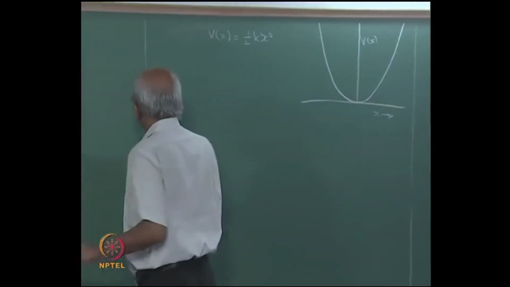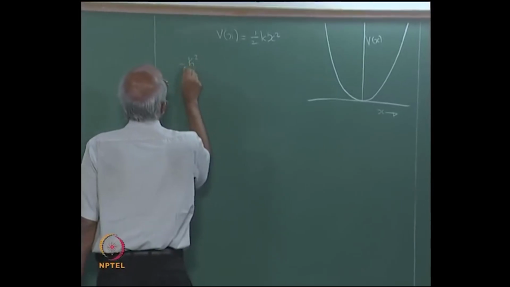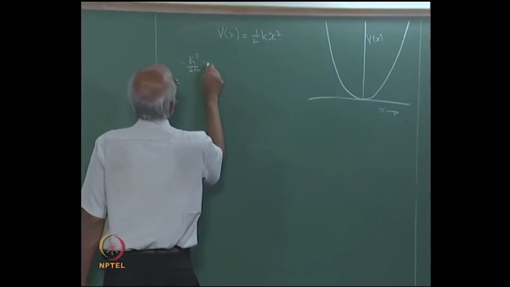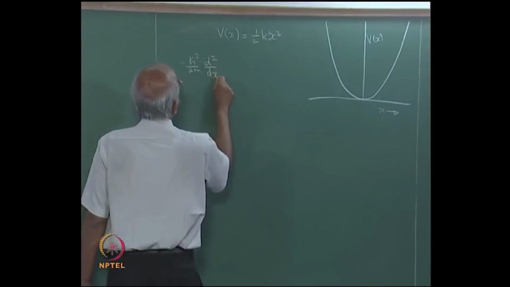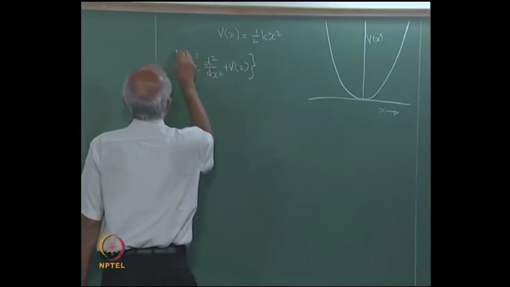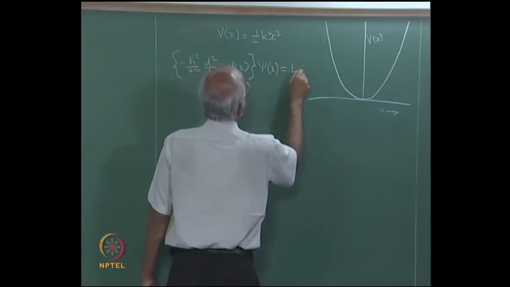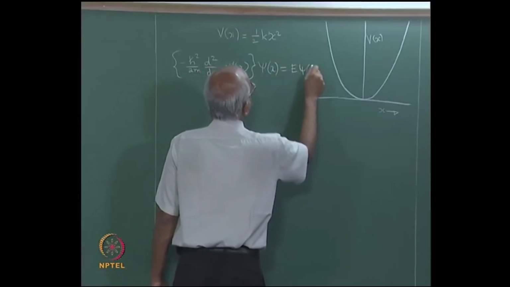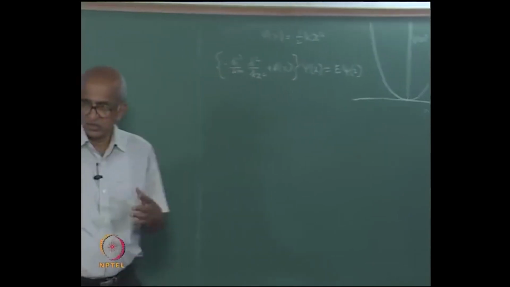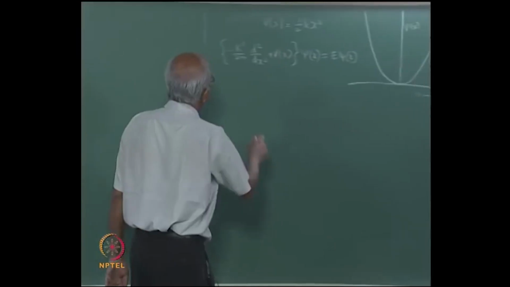And the Schrodinger equation itself would be this. And we want to solve this equation subject to the condition that as x tends to either plus infinity or minus infinity, the wave function should approach 0.